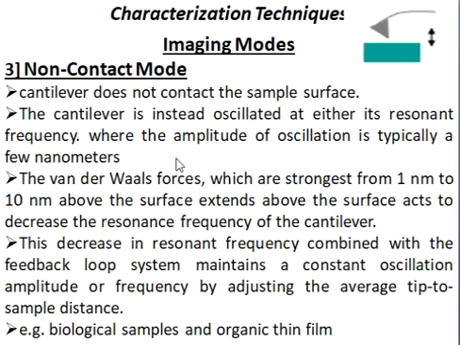So based on the current variation, we can generate a topographical image. The decrease in resonance frequency combined with the feedback loop system maintains a constant oscillating amplitude and frequency, and that frequency changes as the tip moves near or away from the surface.